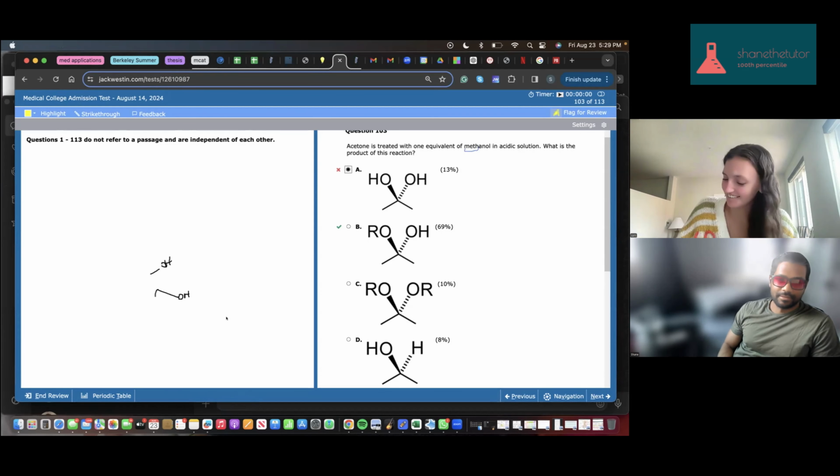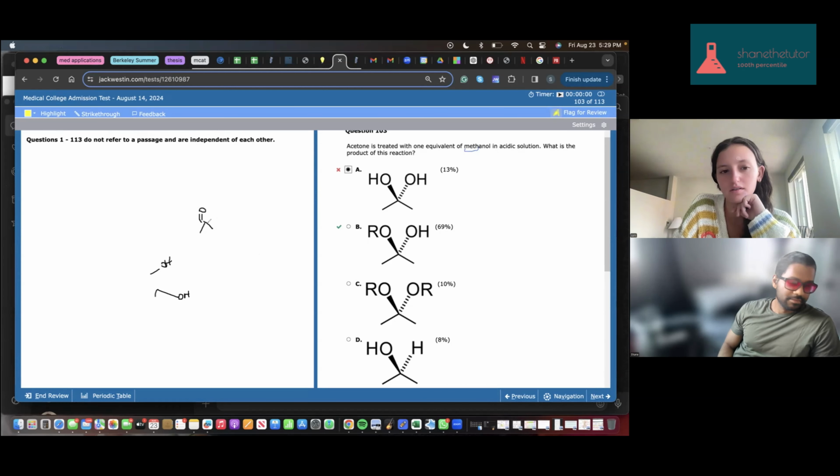Okay, all right. Now, acetone is drawn like this, and then methanol would look like that.